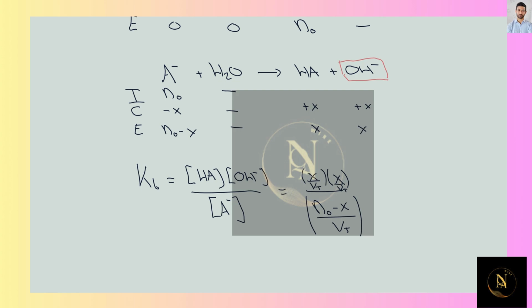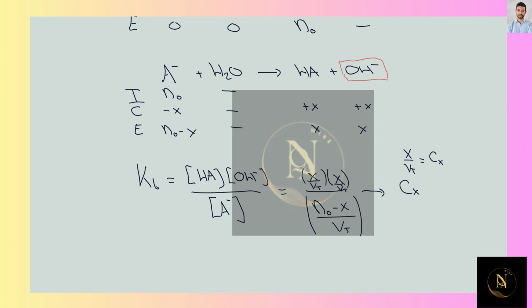Actually, just for the sake of simplicity, using x over Vt, let's call this Cx to denote that this is the concentration for x.